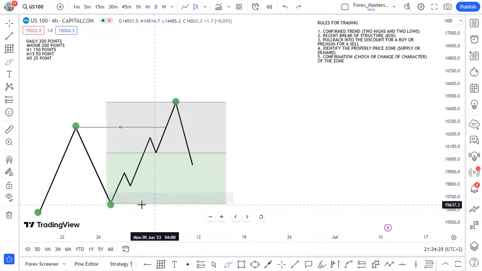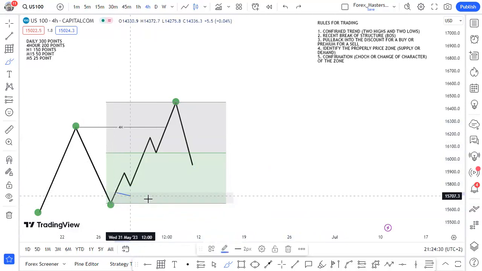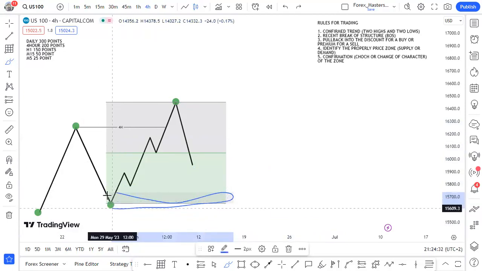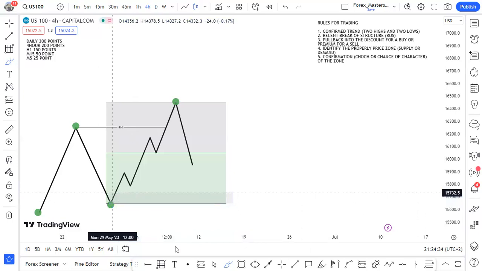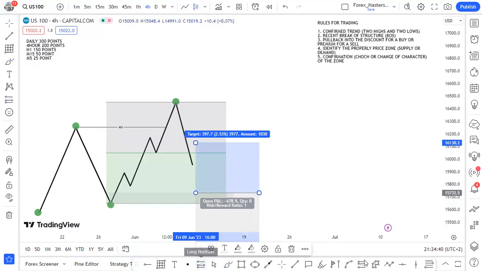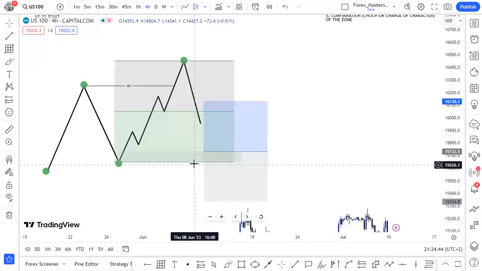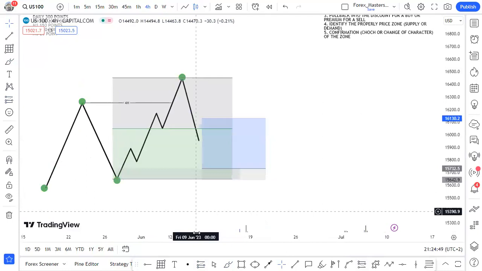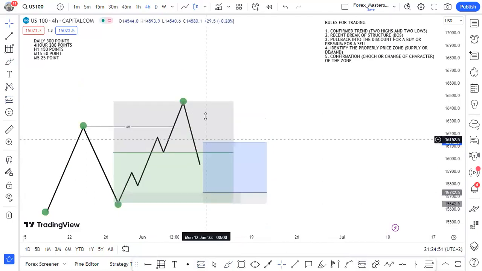But I also said that here, when the market gets to this zone, you can take it as it is, where you can just put your entry right here, using this long and short position. Let's say you put your entry right here. And after you put your entry, you can target the previous high for your take profit.